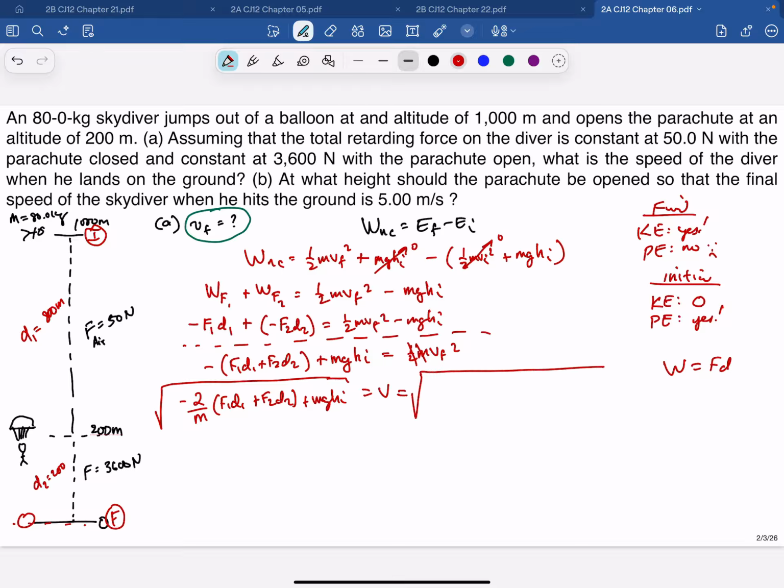Kids, that's imaginary physics. Minus 2 over 80 times F1, 50 times 800, plus F2, 3600 by 200, plus 80 times 9.8, running out of room. What's my initial height? 1,000.